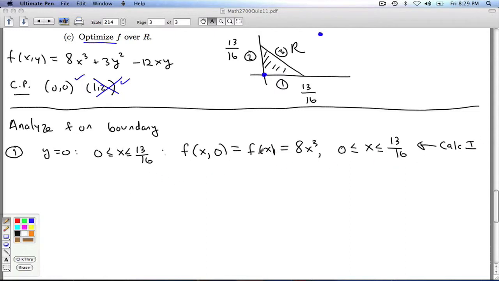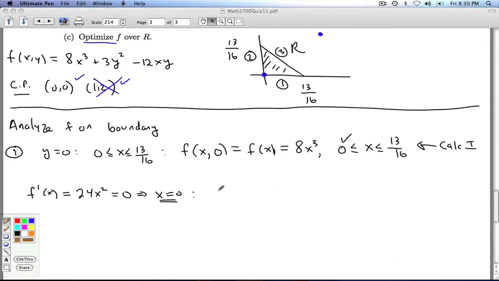So I need to optimize this function on this interval. And so I take the derivative. I get 24x squared. I look for the critical values. The derivative always exists. I set equal to 0. The only critical value I get is x equals 0, but x equals 0 is one of the endpoints. I would consider that anyway.